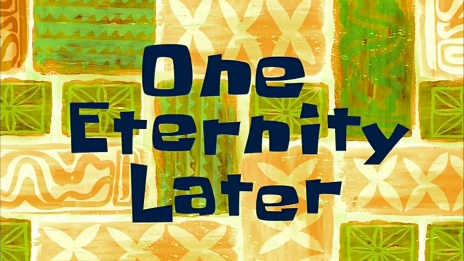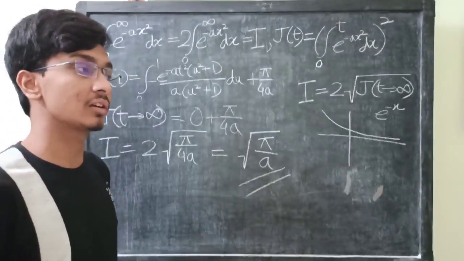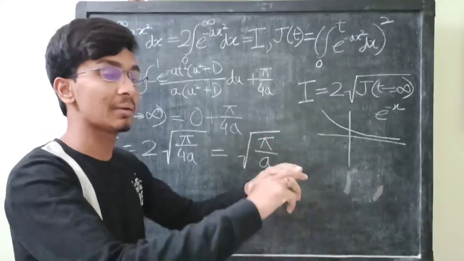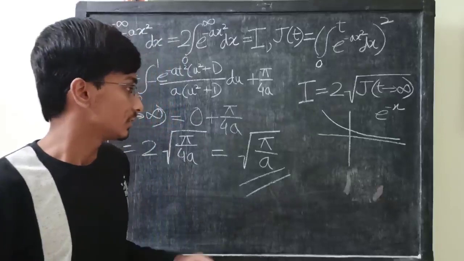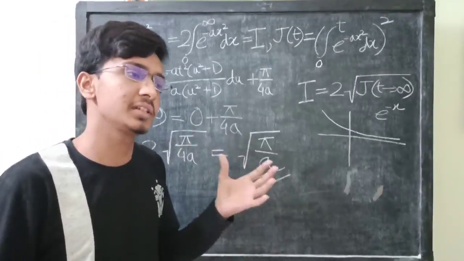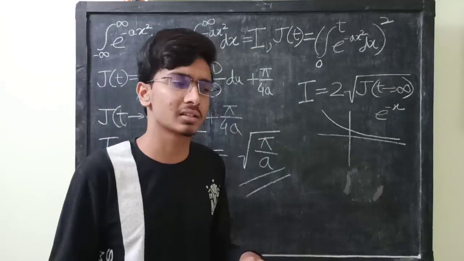One eternity later. This pi is not just the ratio of the circumference to the diameter of a circle. This pi is much more beyond it. This pi appears in places in physics and maths where there is no connection to any kind of circles.